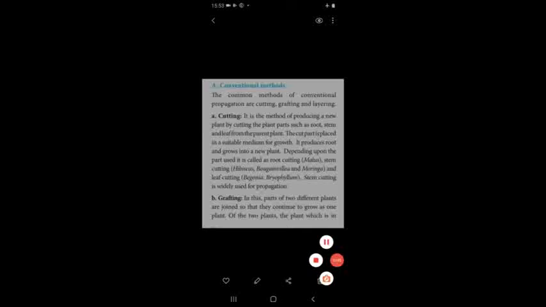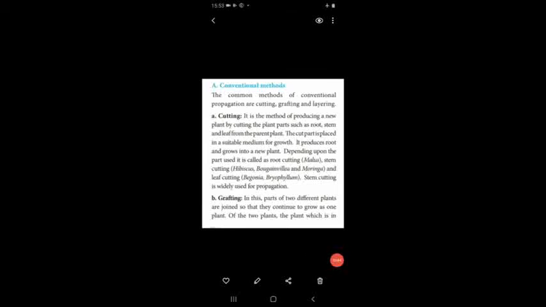For example, a pink color hibiscus flower. That method is called grafting. So for the grafting method, we require two different plants, both of them joined together and allowed to continue to grow as one plant.